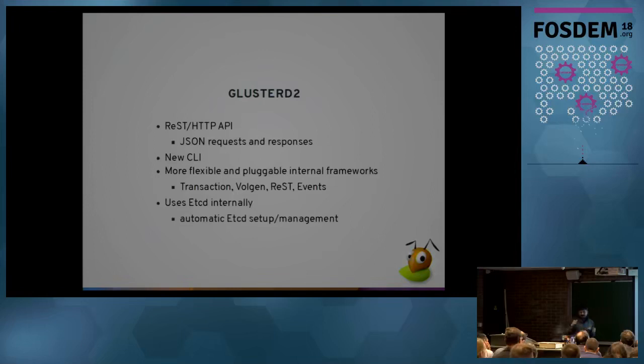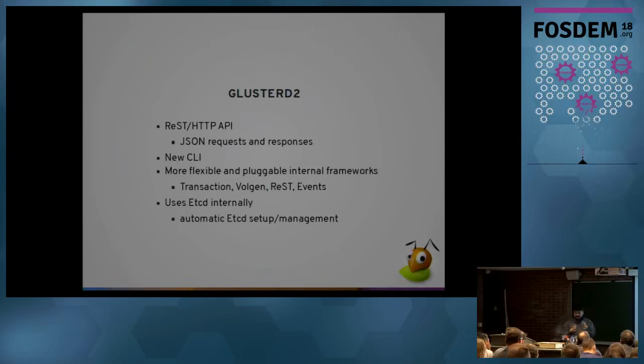But we use etcd in such a way that Gluster users don't have to manage etcd. So Gluster has an internal algorithm to automatically set up an etcd cluster and manage it. By default, it creates a 3-node etcd cluster automatically whenever you do a peer probe. So Gluster users don't have to do that, and Gluster uses that cluster.